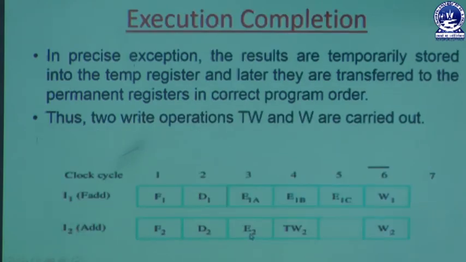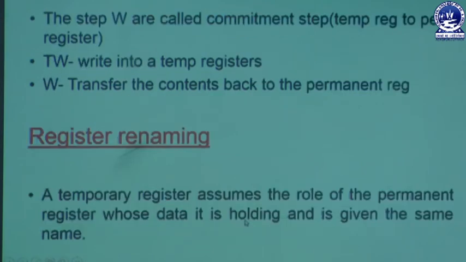If we store the result of this execution unit in a temporary register, then this execution unit is free, and when it is free, it can execute some other instructions. In this case, the temporary register will be assumed to act as the permanent register.